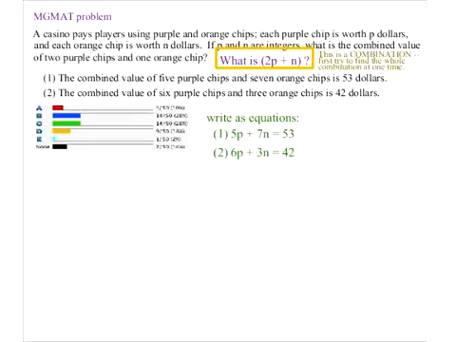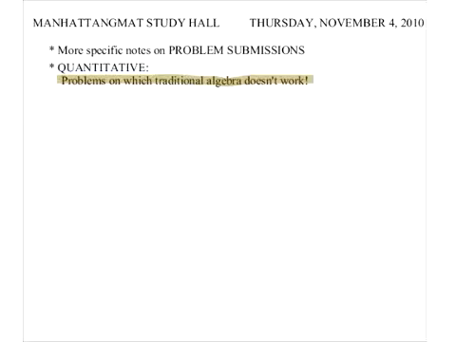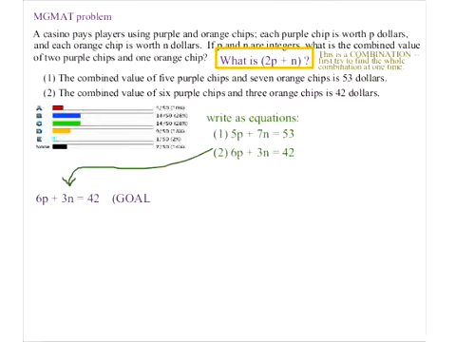If you look at statement 2, statement 2 is 6p plus 3n is 42. Let's take a look at it. Our goal is 2p plus 1n. The goal is to get 2p plus n.